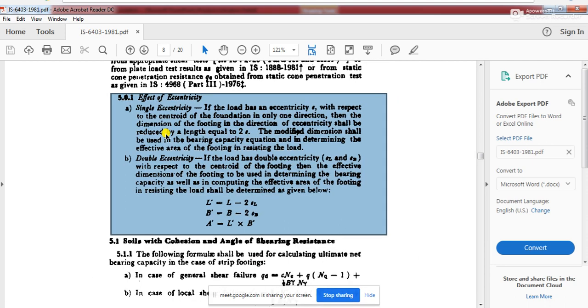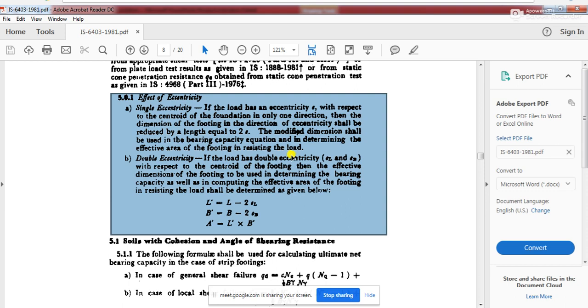So if the eccentricity is E, then the effective length or breadth needs to be reduced by twice that. The modified dimension shall be used in the bearing capacity equation and in determining the effective area of the footing in resisting the load. That is what the code is also saying, right?